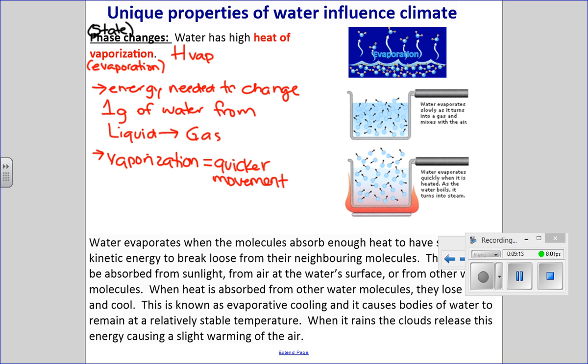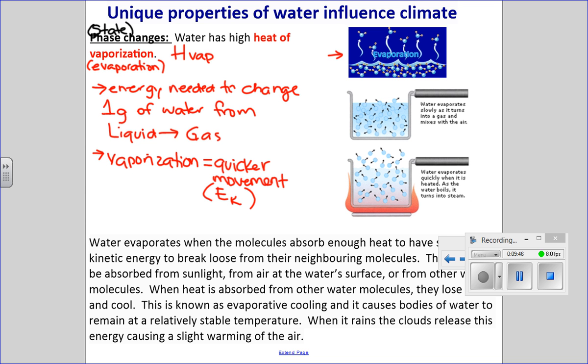The difference between a liquid molecule and a gas molecule is simply how fast they're moving. And we know that anytime something is moving, that's based on kinetic energy. So don't forget that when I measure the temperature of something, what I'm really measuring is the kinetic energy of the particles of that substance. That's what temperature really is.